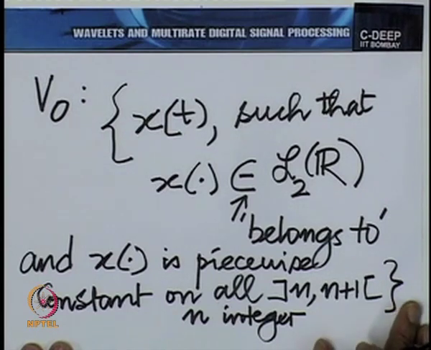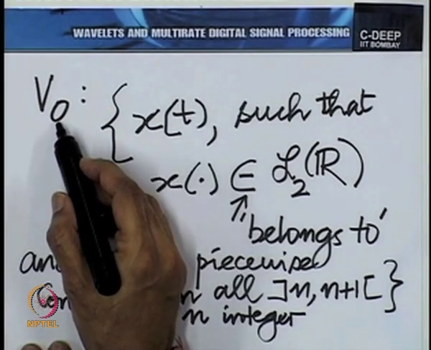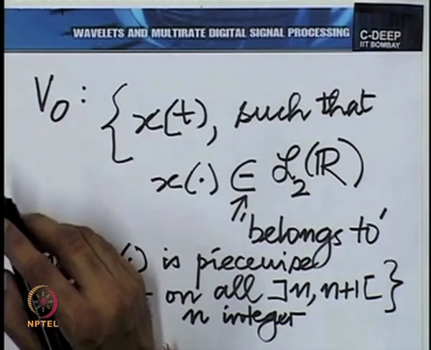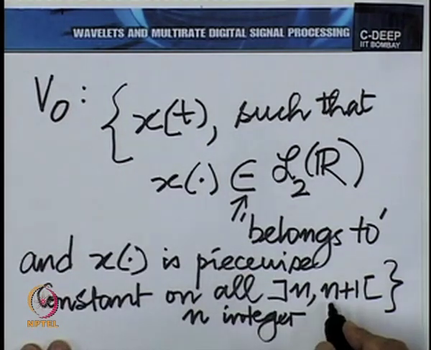Now, the reason for giving the subscript 0 here is that we are talking about 2 to the power of 0 as the size of the interval. That is important enough, I think, to note.